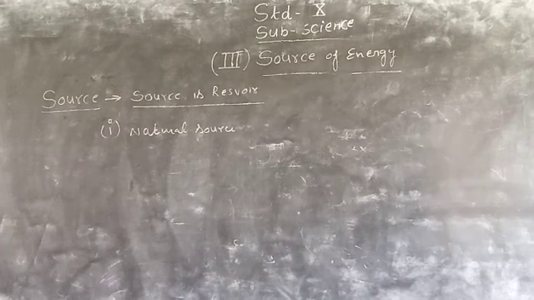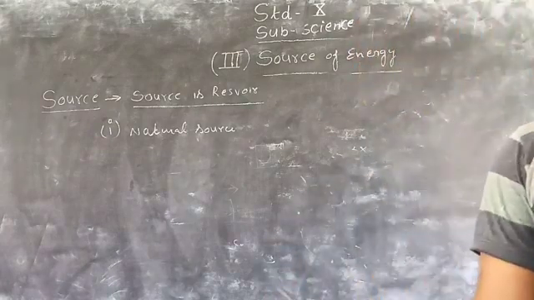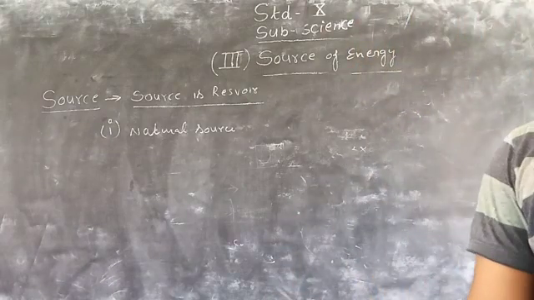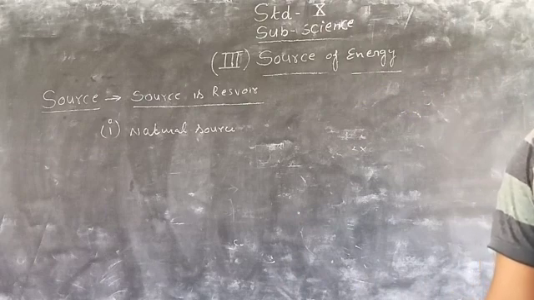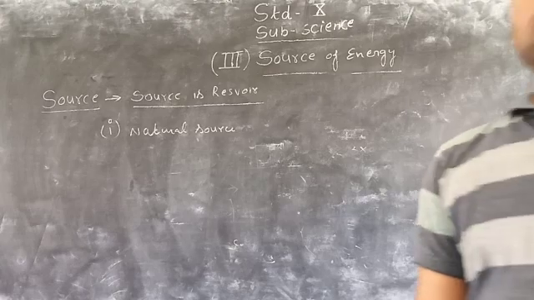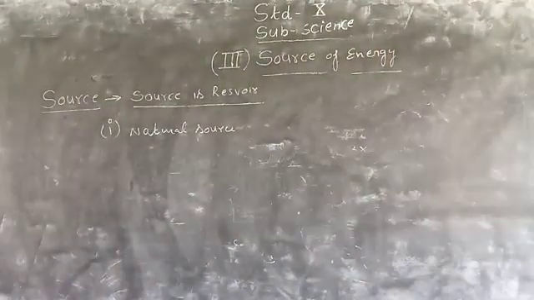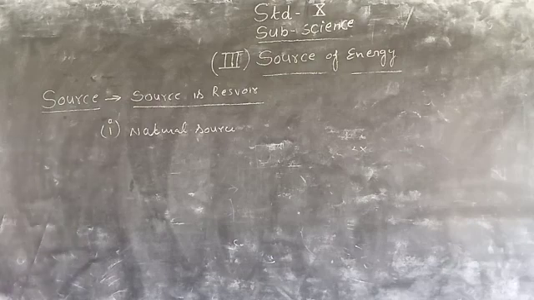If any source is produced by artificial manner, by machinery or equipment used for the generation of energy, that type of energy source is called an artificial source of energy.